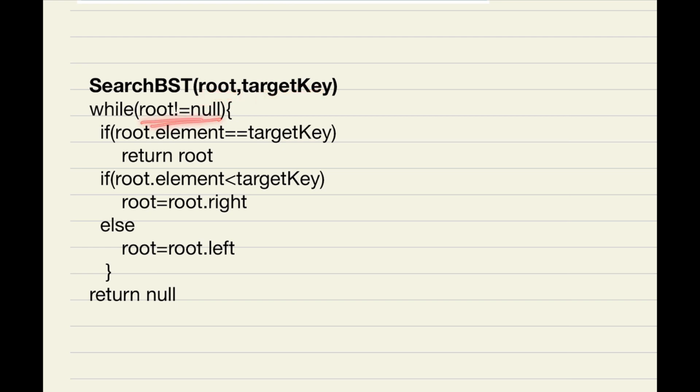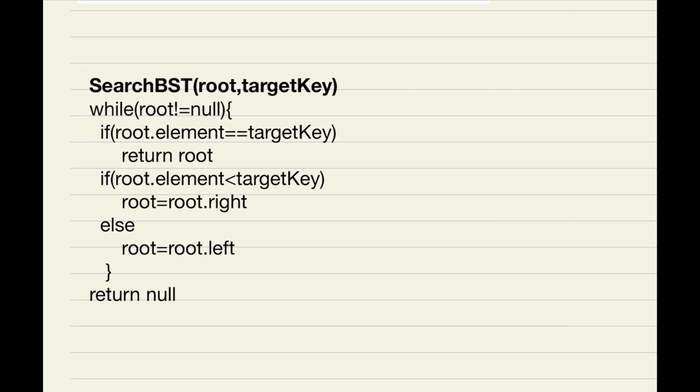While root not equal to null, if root dot element is equal to target key, then return root. If root dot element is less than target key, root equals root dot right, else root equals root dot left. And return null. That means after this while loop, if the element is not found, we return null.